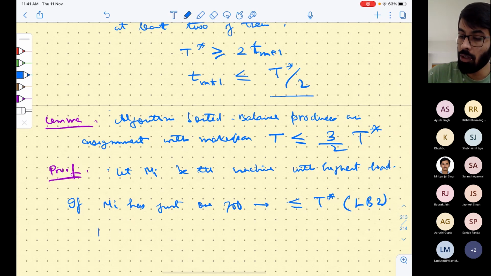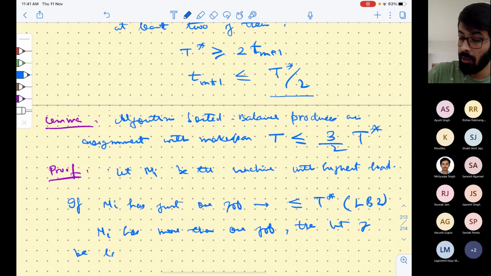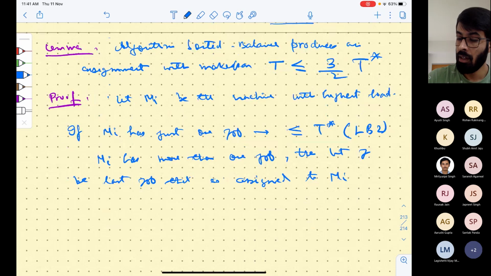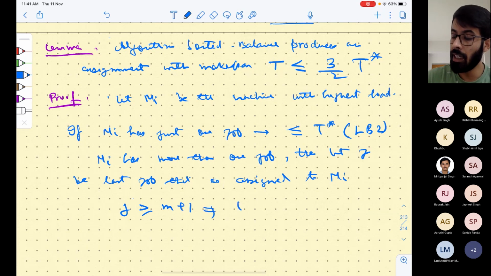And if Mi has more than one job, then let J be the last job that is assigned to Mi, and it has time Tj. So we know that this J is greater than or equal to M plus 1 in the sorted ordering. That implies that Tj is less than or equal to Tm plus 1, which is less than or equal to half T star.